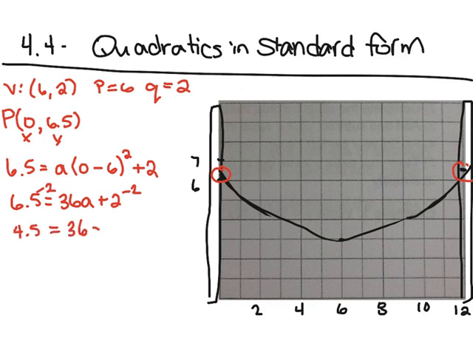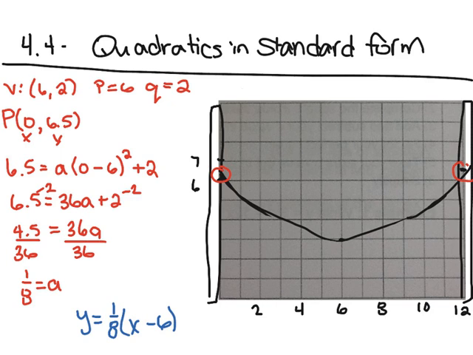Divide by 36. And if you type 4.5 divided by 36 into your calculator, you should get 0.125. And then go second function, ABC, and you should get 1 over 8 as your a. So the equation for our line will be y equals 1 over 8 (x minus 6) squared plus 2.